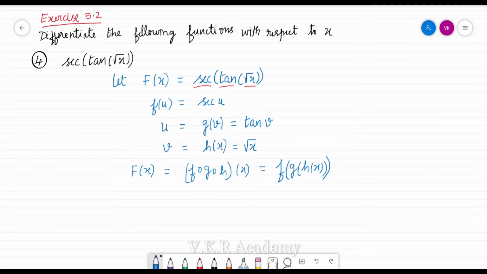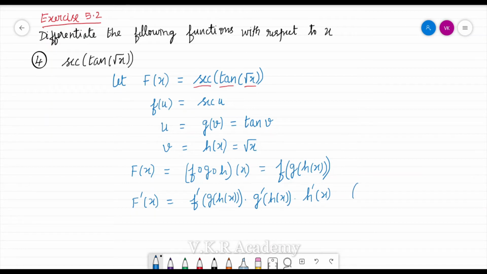Now extending the chain rule to the composition of three functions, we get F dash of x is equal to f dash of g of h of x into g dash of h of x into h dash of x.